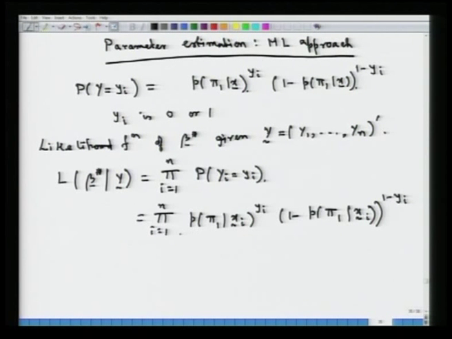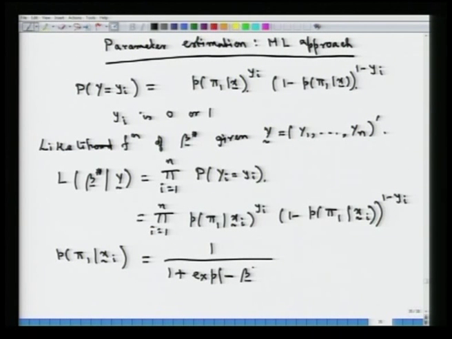Now we use the fact that p(π1 | xi) is of the form 1 over 1 plus e to the power minus β* transpose xi*, where xi* is the vector which has 1 in the first entry, and then the feature vector xi making up the rest of the p entries.